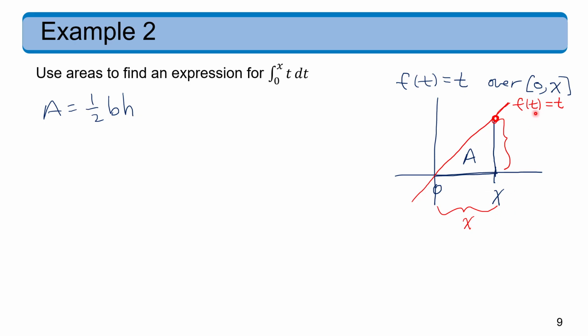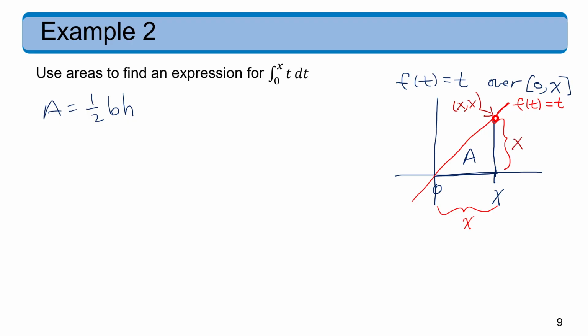So if you plug in x in place of t, the output would be x. So this point here is the point x comma x. And that tells us this distance is x and that distance is x.